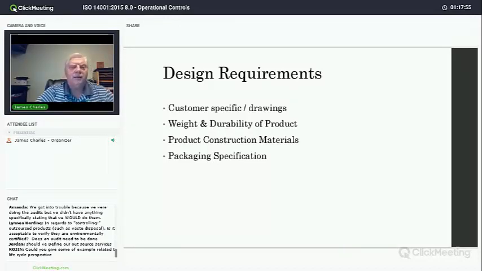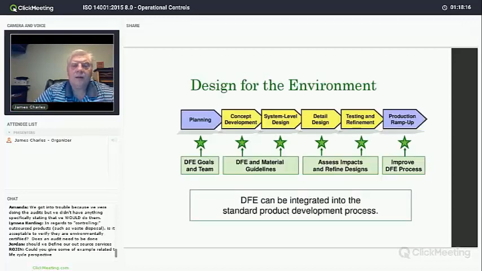Specific requirements could be customer-specific specifications or drawings, the weight and durability of your product, the construction materials of your product, potential recyclability, and then the packaging specification for your product. All things that do impact or influence the environment.